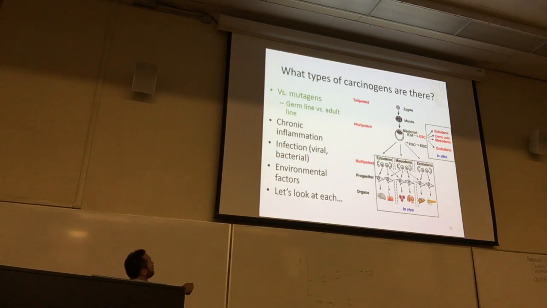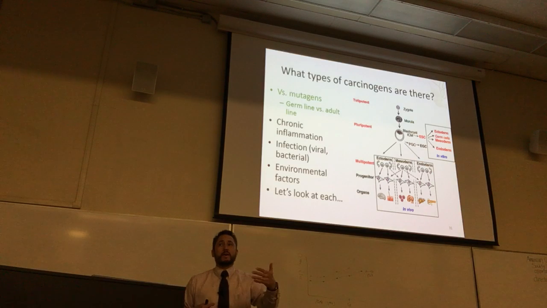So the germline versus the adult line. At the level of the germline, if there's a mutation in the germline, then it would be heritable. But these mutations that we're talking about are in the adult DNA. And so there might be a hereditary component where if breast cancer runs in the women in your family, then you might be more susceptible genetically to inheriting that characteristic.